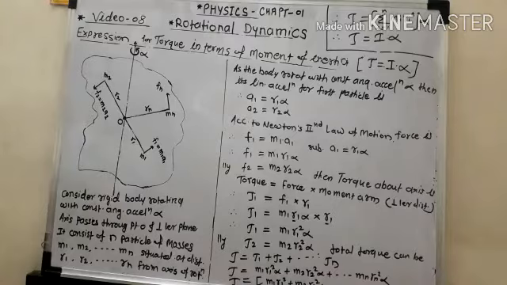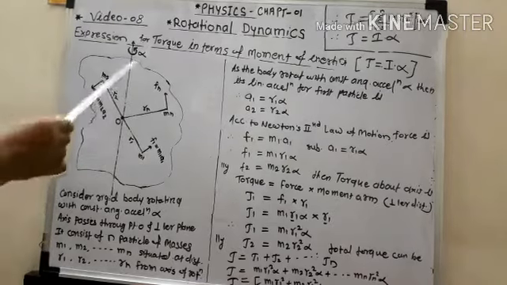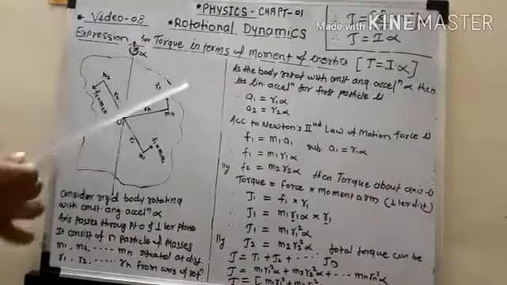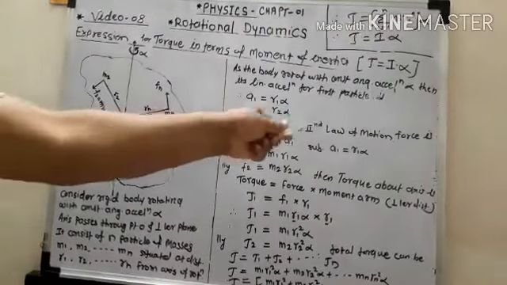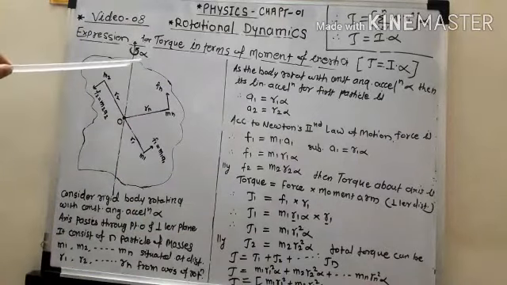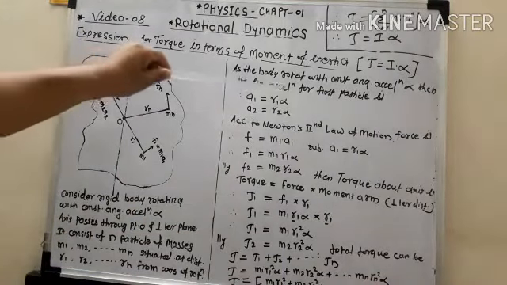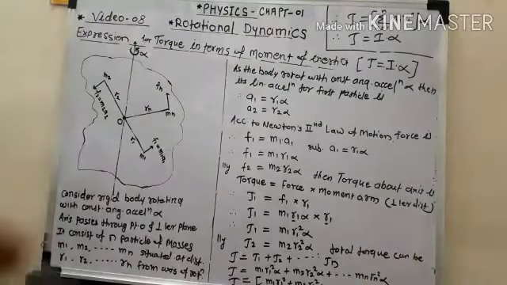As the body rotates with the constant angular acceleration alpha, its linear acceleration for the first particle is given by... In kinetic energy, we said the same sentence, but the change is that the body rotates with constant angular velocity omega, so we took the linear velocity. In this expression of torque, as the body rotates with constant angular acceleration alpha, we take the linear acceleration for the first particle, and that is nothing but this relation.